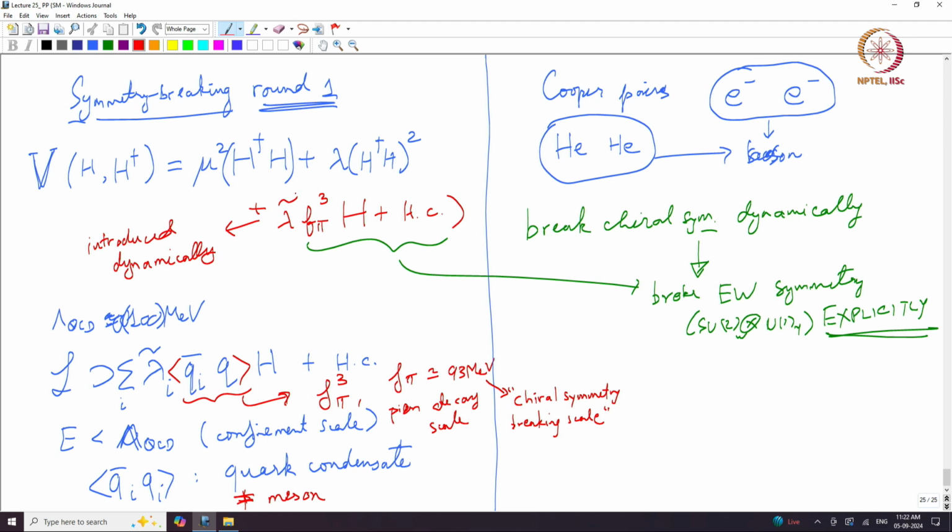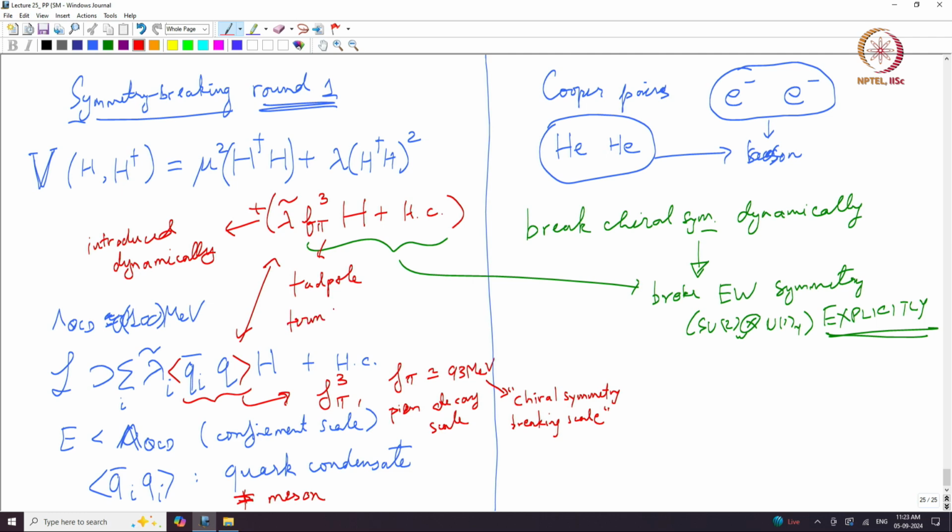You have to remember this is actually a sum over all the quark flavors, but for our discussion let us just call it by one coefficient, lambda tilde. Sorry, not a quartic term, the coupling of the single Higgs term. This is sometimes called a tadpole term.